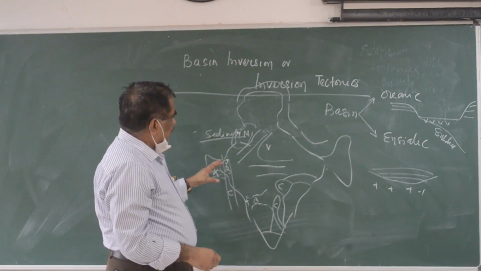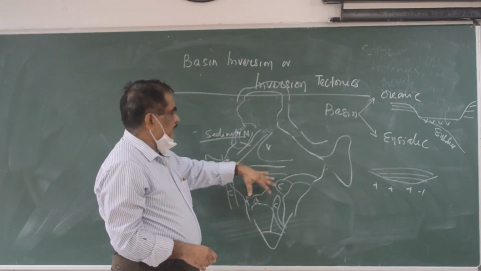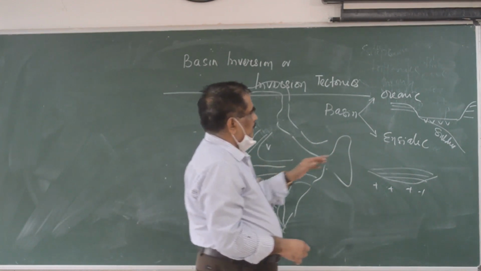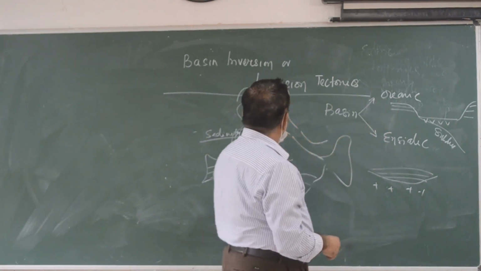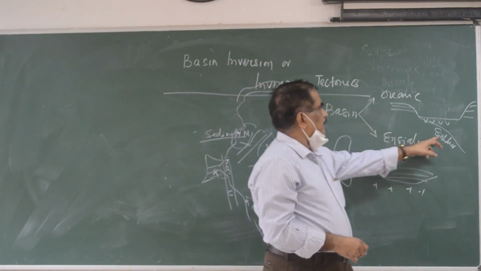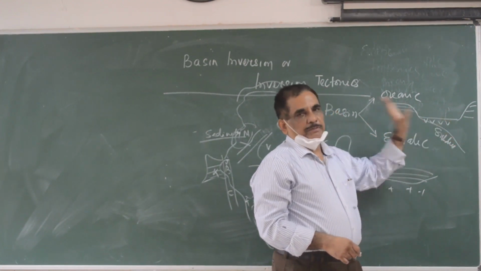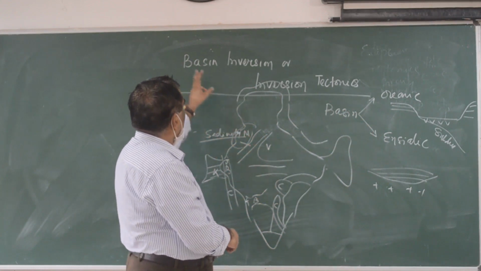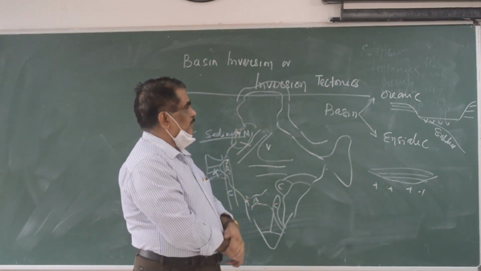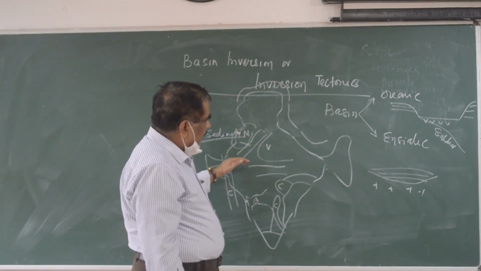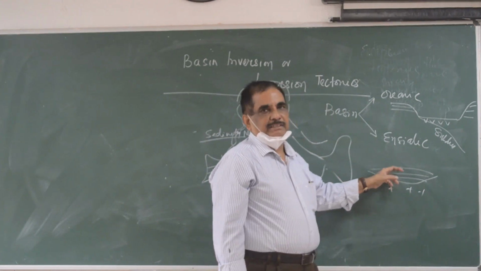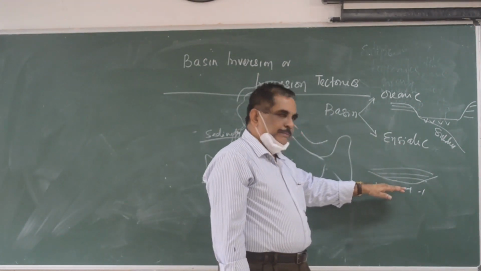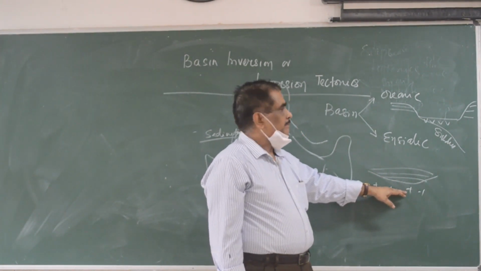Now these are mostly ensialic basins. That means below you have continental crust, and the mobile belts mostly have oceanic crust at the bottom. Now, when we talk about basin inversion or inversion techniques, we are referring to this type of basin, ensialic basins. Ensialic basin means having a granitic crust below.